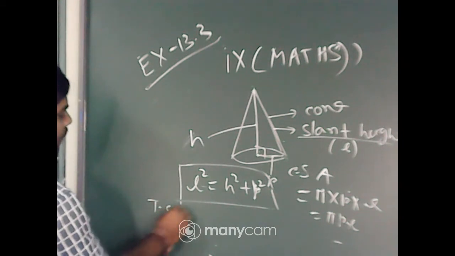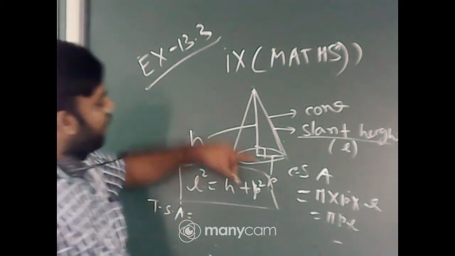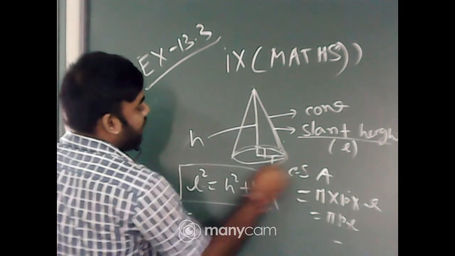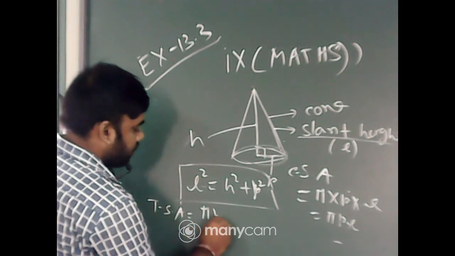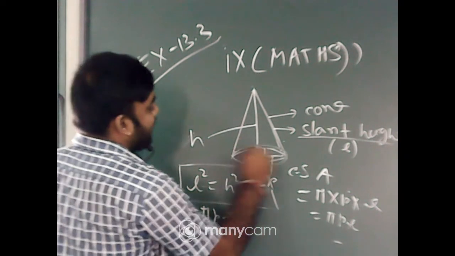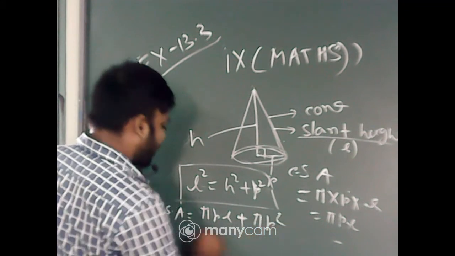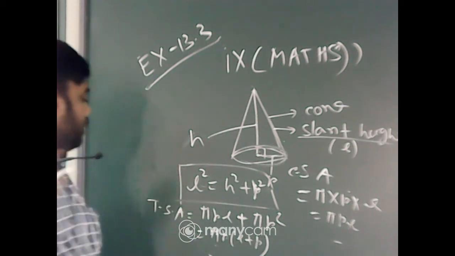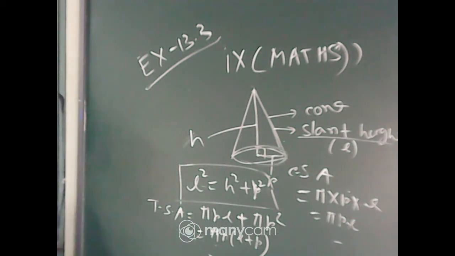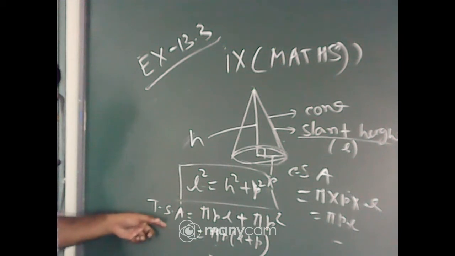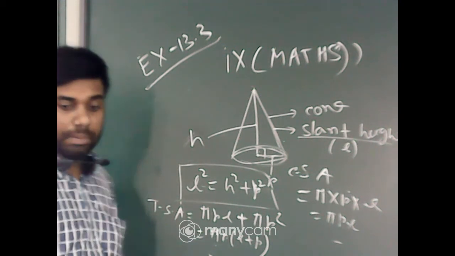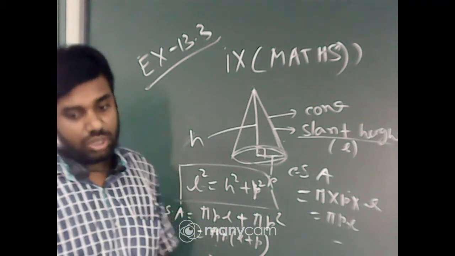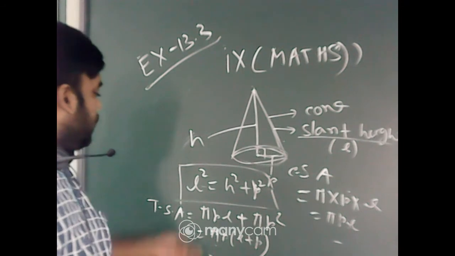Total surface area of a cone is curved surface area plus the area of the circle. So pi r l plus pi r square. By taking pi r common, you can write pi r into r plus L. Got it, everyone? That is the total surface area.